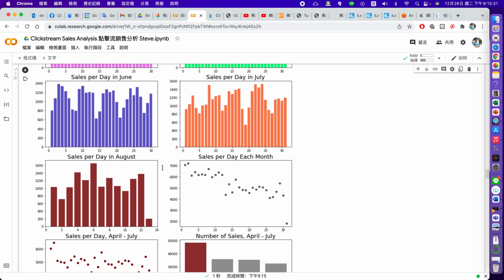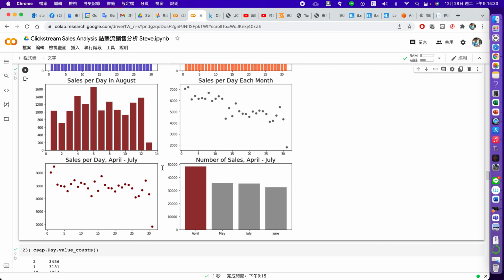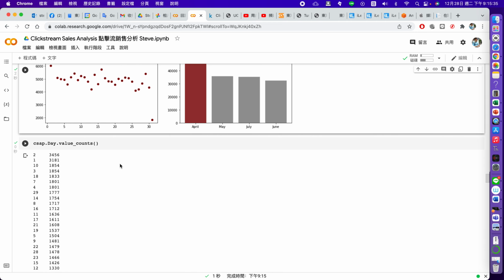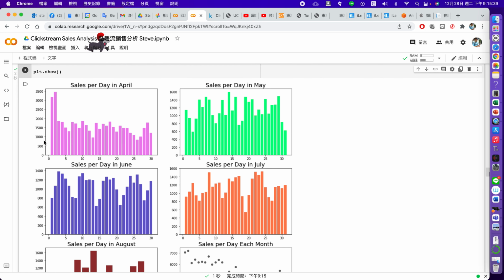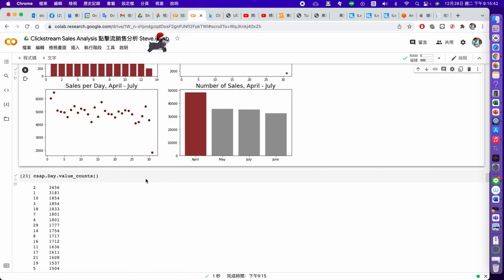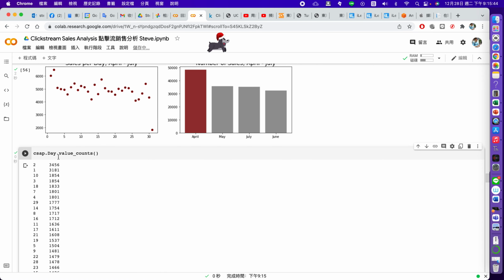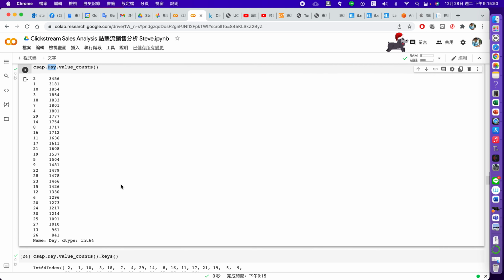So you know the distribution for each day of the week. So here is the step by step. You know how to generate this diagram. Okay, so I specify by the day. Okay, how many days? 1 to 31.